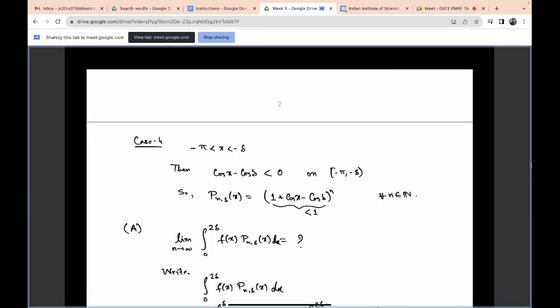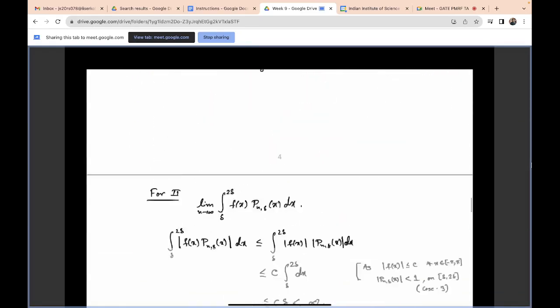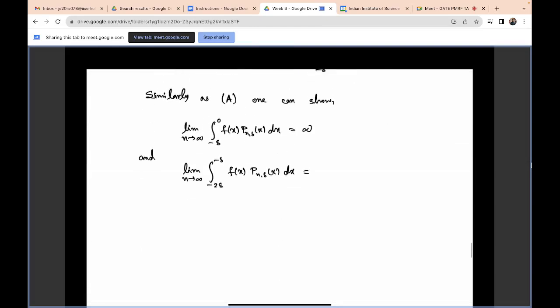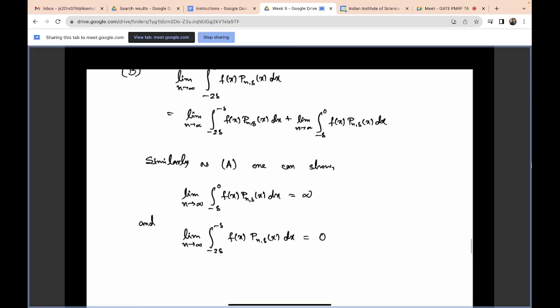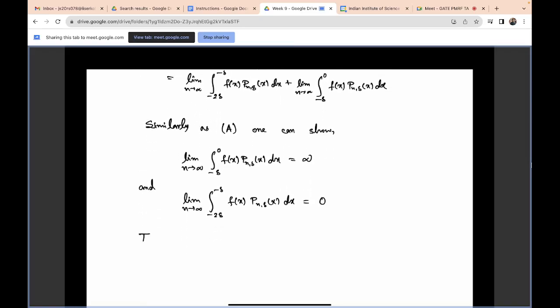Here it is strictly less than 1, so the limit will go to 0. So this one goes to 0. Therefore the overall limit again will be infinity.